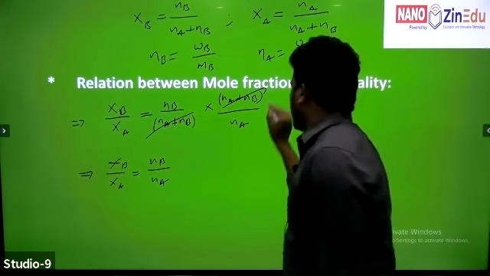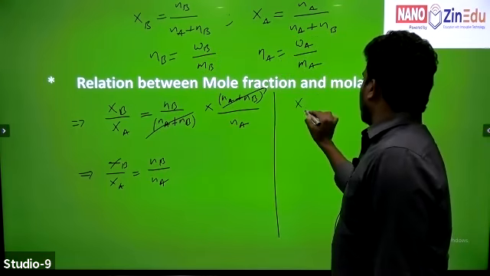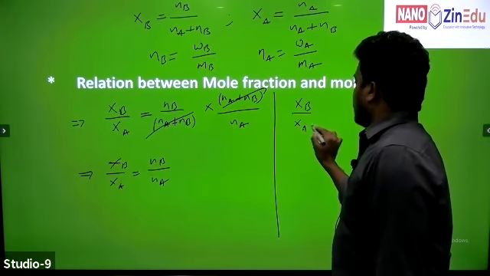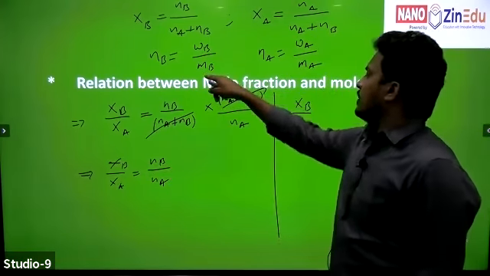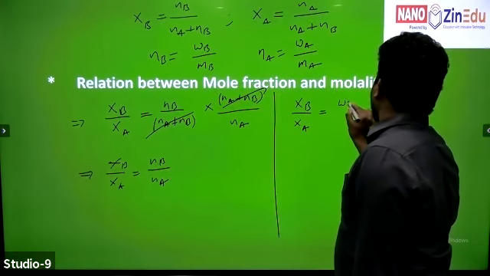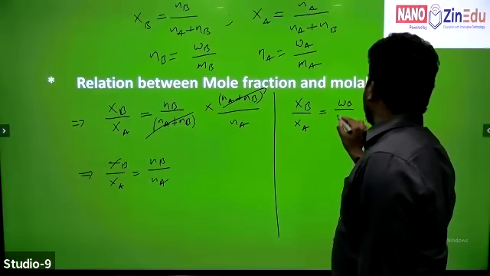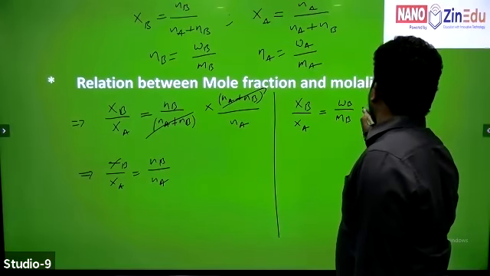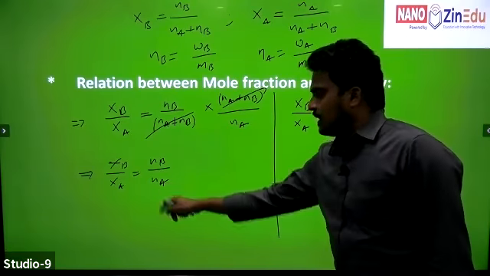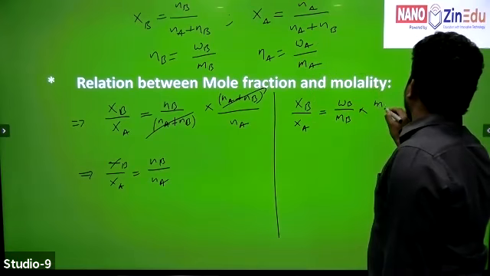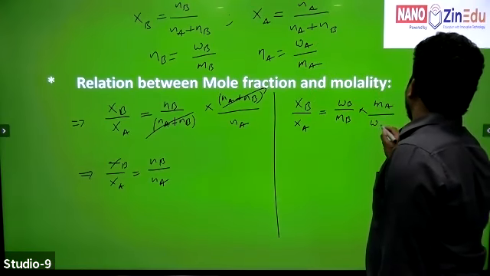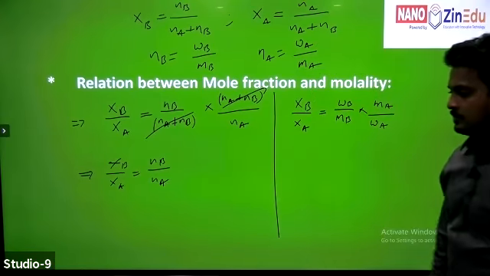So substitute in this formula. From there, xb by xa, in place of Nb, can I write weight by molecular weight, Wb by Mb, into Na, again reciprocal, Ma by Wa.